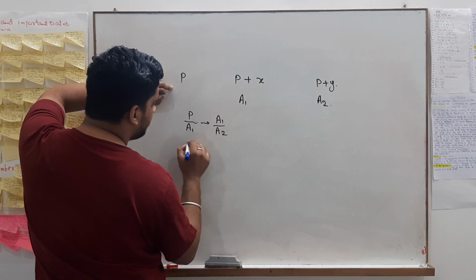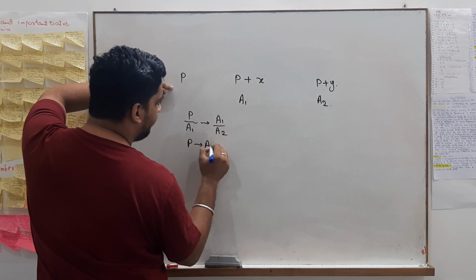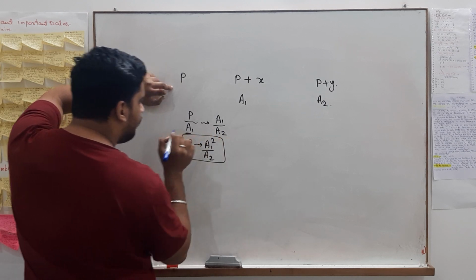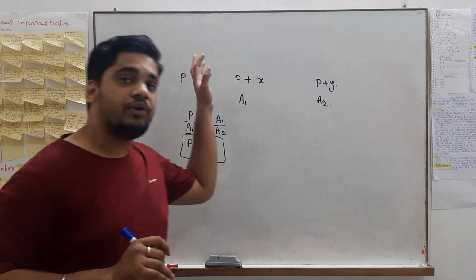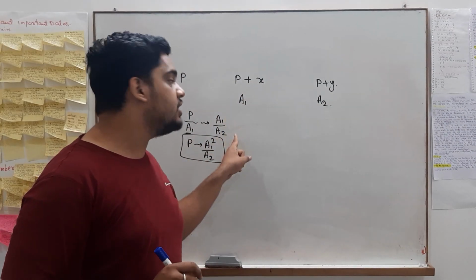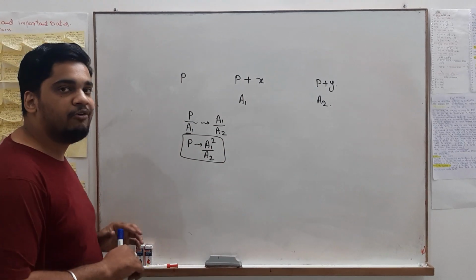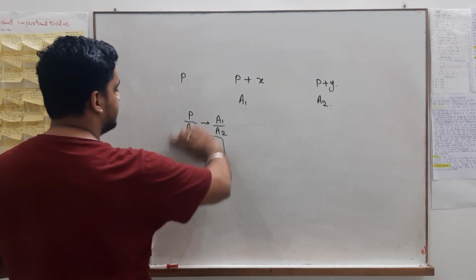So P is equal to A1 square upon A2. This formula will be used when, in place of compound interest, the amount is given to you.